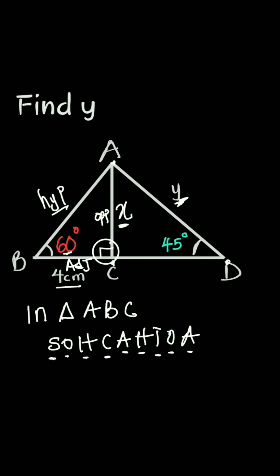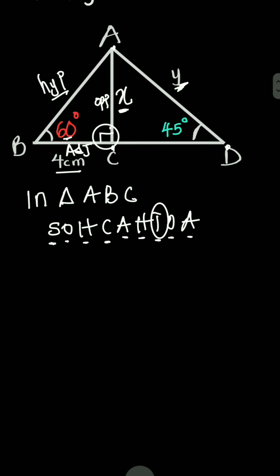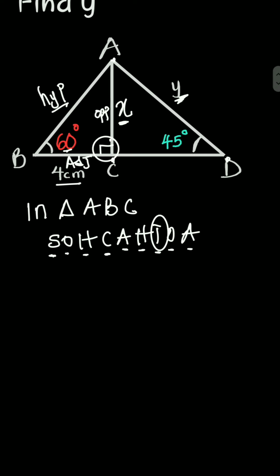So we'll think, what is going to link the opposite and the adjacent together? We come here and we think of this, tan. The tangent of an angle is equal to the opposite over adjacent. We're looking for the value of the opposite and we have the value of the adjacent. So we say here that tan 60 degrees will be equal to the opposite, which is x over 4 centimeters.